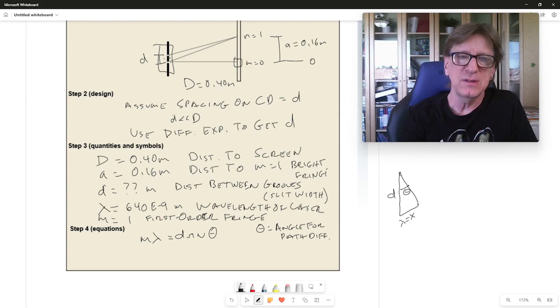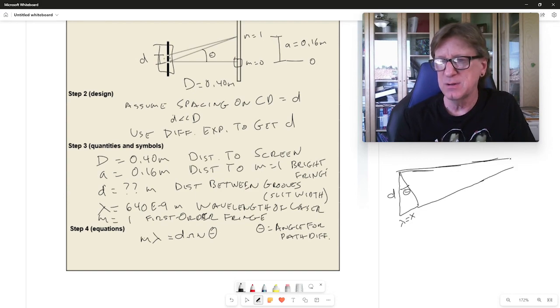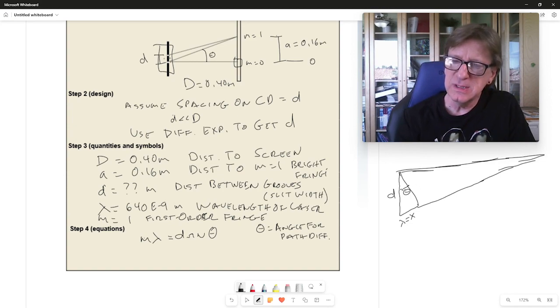However, if you look at the diagram here, this angle, theta, is also going to be equal to that angle up there. And we could walk through all of our arguments here so that you can see that, but this angle theta must be the same as that.